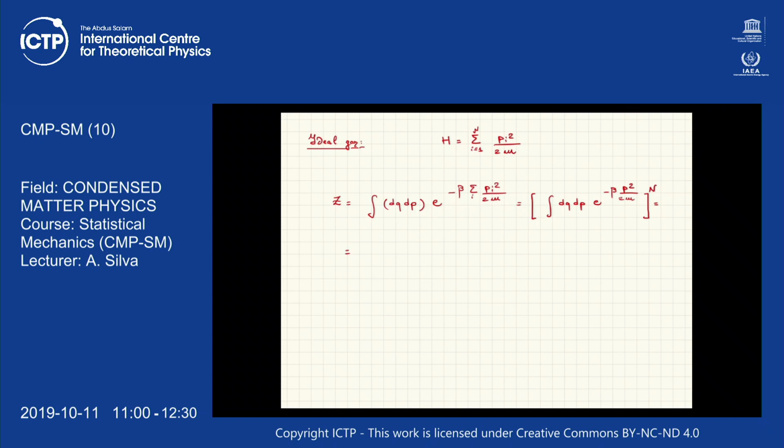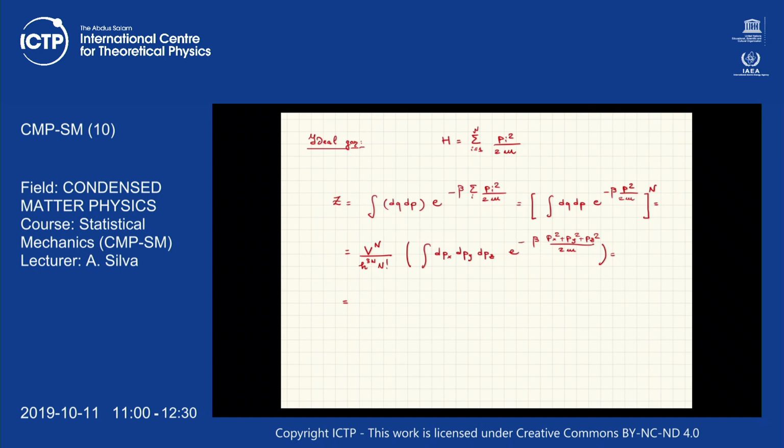Therefore this is equal to V to the n divided by h to the 3n n factorial times the integral dp_x dp_y dp_z of e to the minus beta (p_x squared plus p_y squared plus p_z squared) divided by 2m. But this is a Gaussian integral.